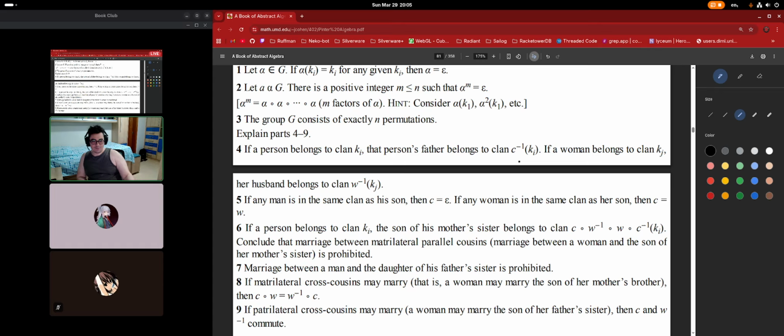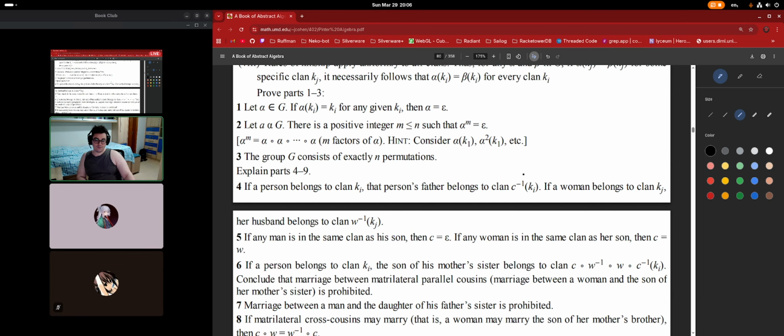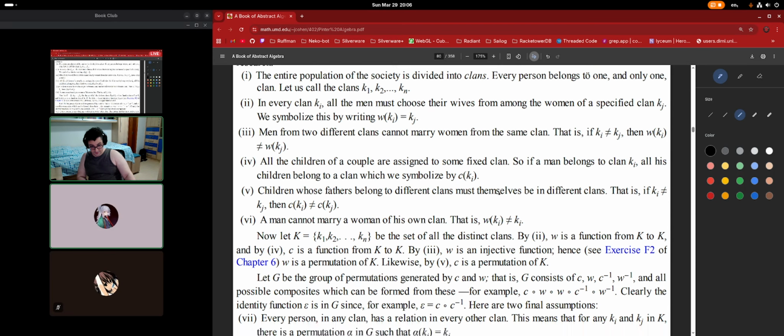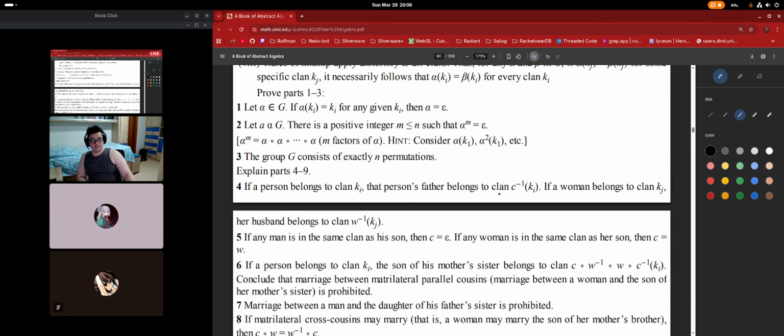Well, I guess we can explain, because if you compose C with this inverse, and what is C? What is the clan of the child, given the clan of the father?